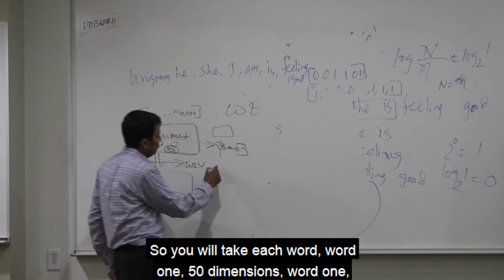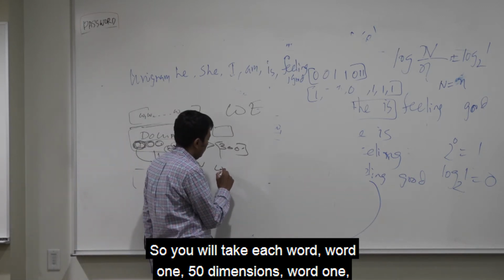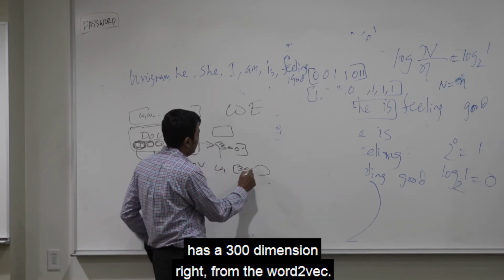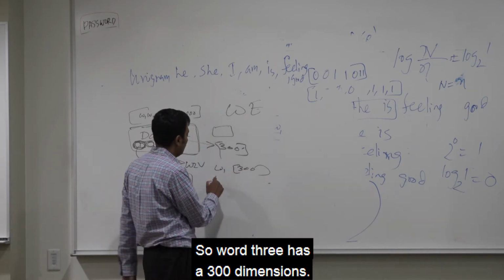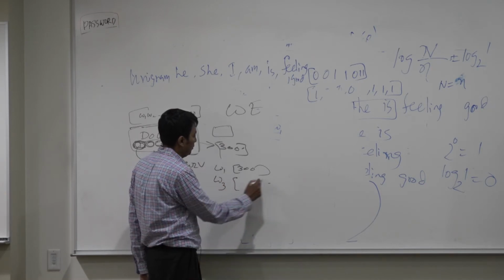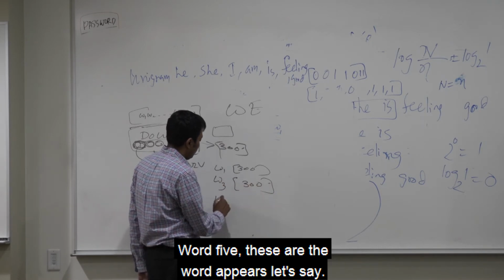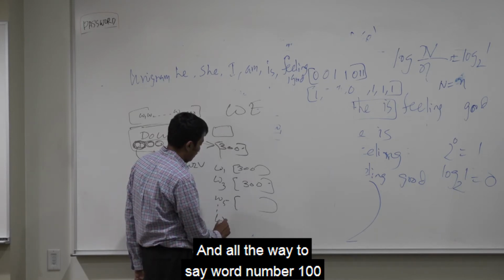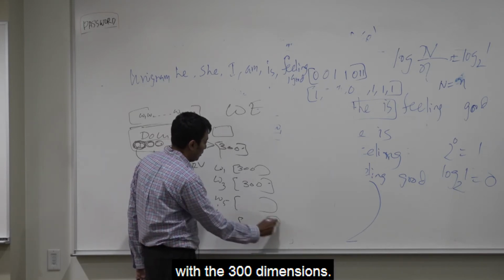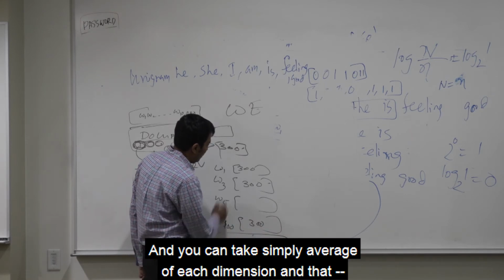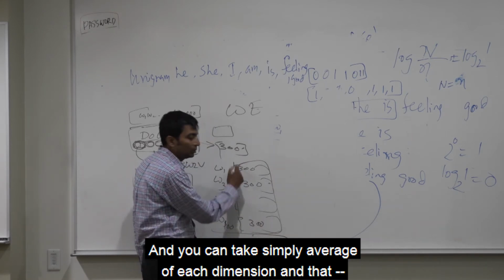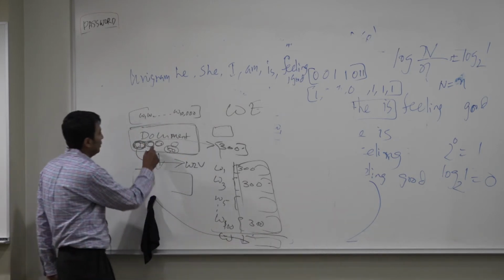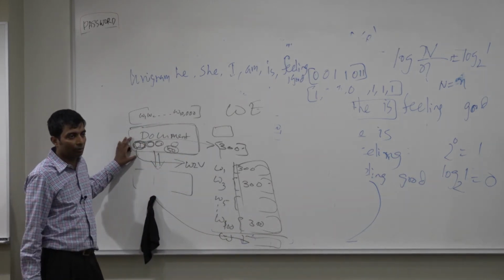You will take each word, word 1 has 300 dimensions, right, from the word2vec. Word 3 has 300 dimensions. Word 5, and all the way to, say, word number 100, with 300 dimensions. And you can simply take the average of each dimension, and that will be the feature vector for this document. That's one way you can do it.